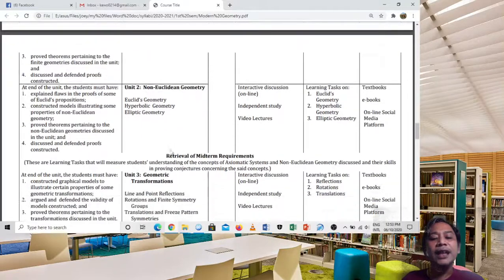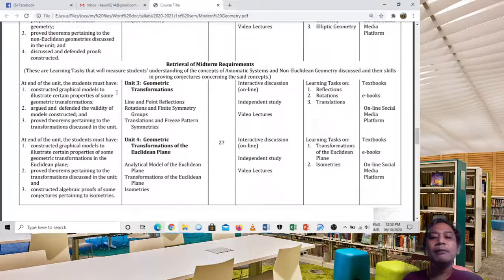Then the last 2 units would talk about transformations. If you can recall in your algebra, we say a function is a rule that assigns an element of one set to a unique element of another set. The same concept can also be applied to sets of points in geometry.